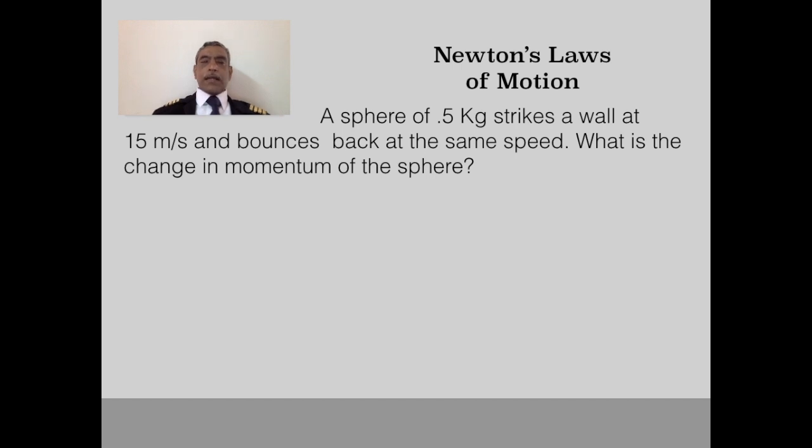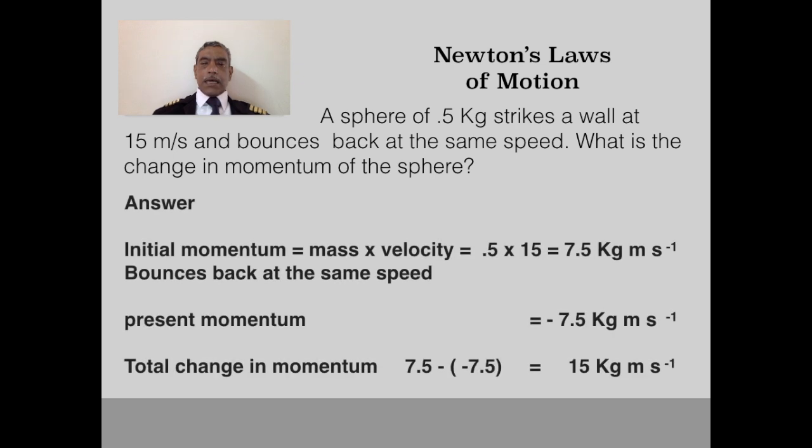So we learned that momentum is mass into velocity. It was traveling in a particular direction at that particular speed, say 15 meters per second. So its initial momentum was 0.5 into 15, that is 7.5 kg meter per second. But it is bouncing back at the same speed.